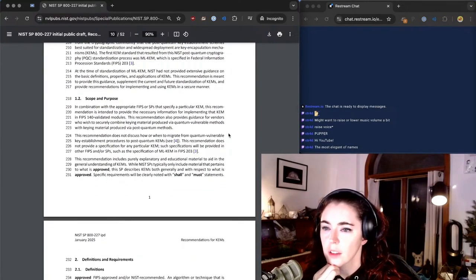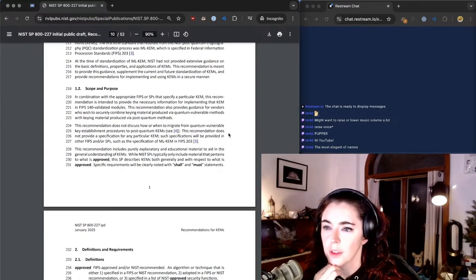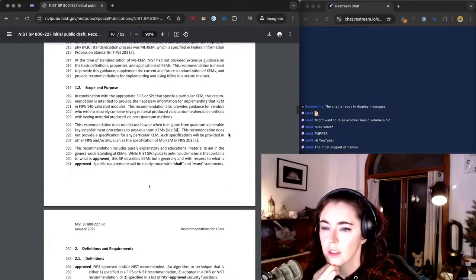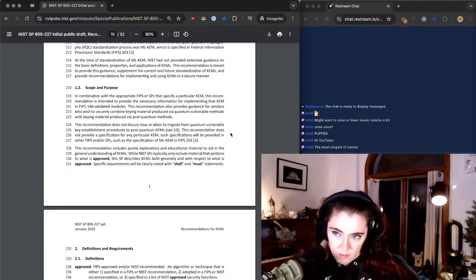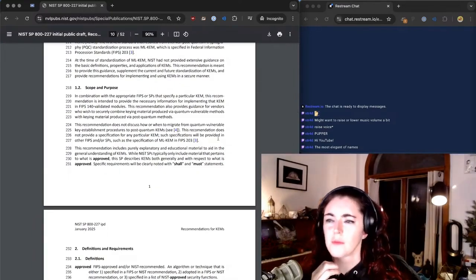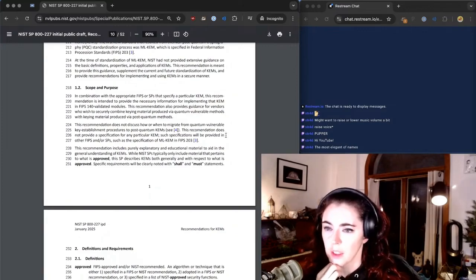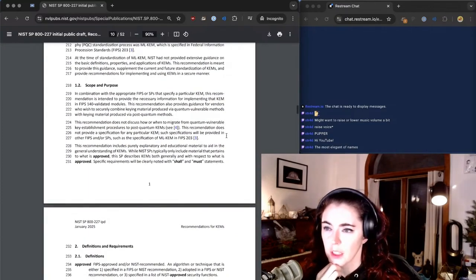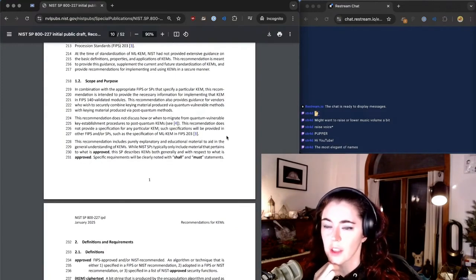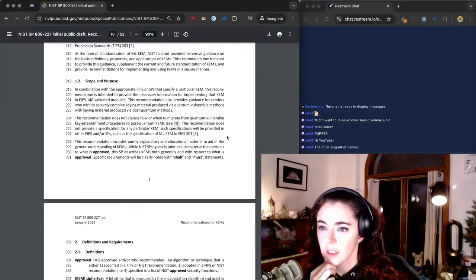Okay. Yeah, at the time of standardization, not providing extensive guidance and definitions, properties, applications. Okay, all right. Guidance for current and future standardization of KEMs. Yeah, they have the round 4, or whatever. They have the continuation, which has a couple other KEMs that they're hoping to get. Well, we'll see. We'll see which ones they actually get that aren't lattices. NIST does.